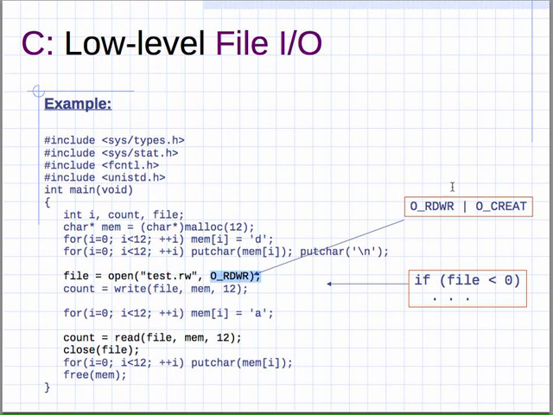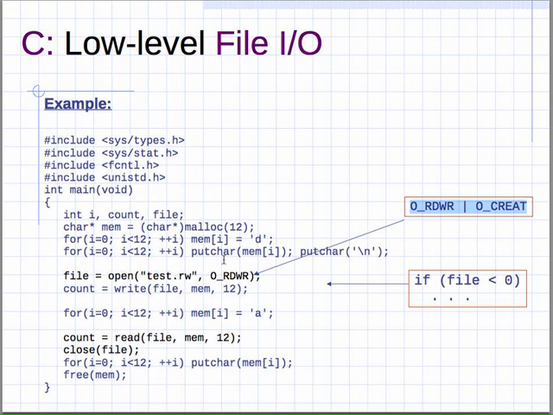You can also OR that flag, actually it's probably at least 2 flags, with this other flag for create. If you put this expression into the open call, you're saying, open a file for read and write, and create it if it's not already there.